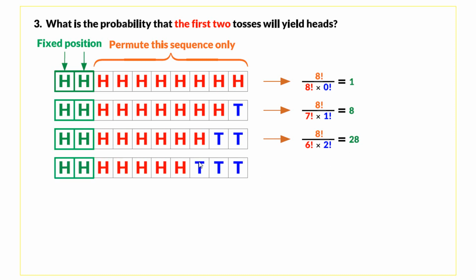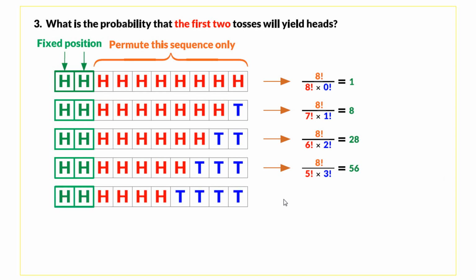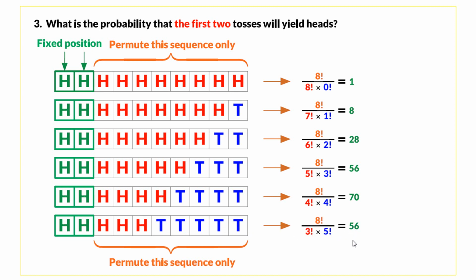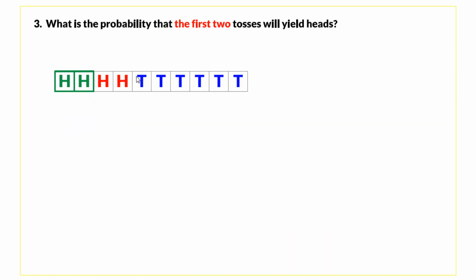We can also have 3 tails in the sequence, and we do exactly the same, and we get 56 possible permutations for the case of 3 tails in the sequence. We can also have 4, and we get 70 possible permutations. We can have 5, and we get 56 permutations.